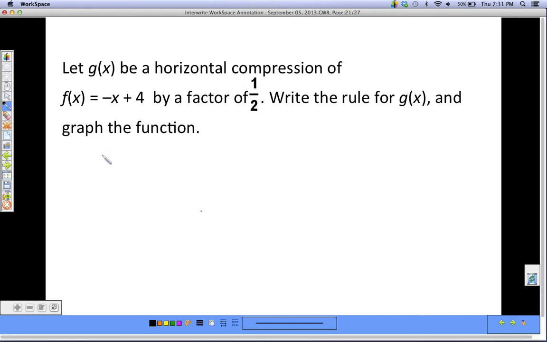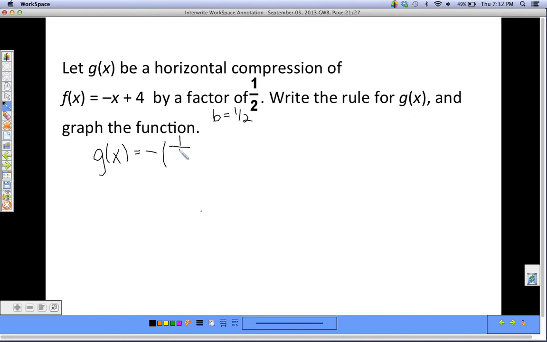We are going to have that g of x is equal, so we have this negative still is going to be out in front. Because this is a horizontal compression based on the rule that we just looked at, we're going to have a 1 over b. Well, our b is equal to 1/2.